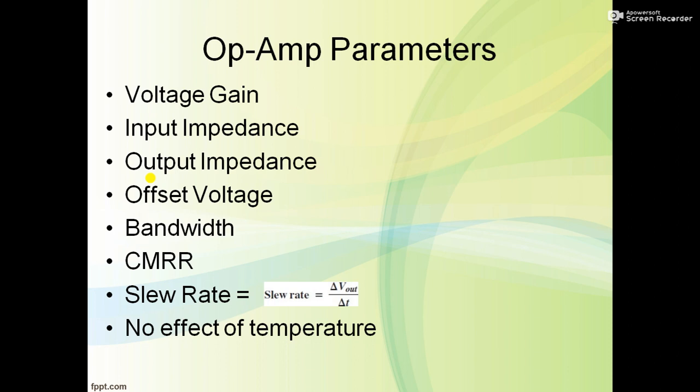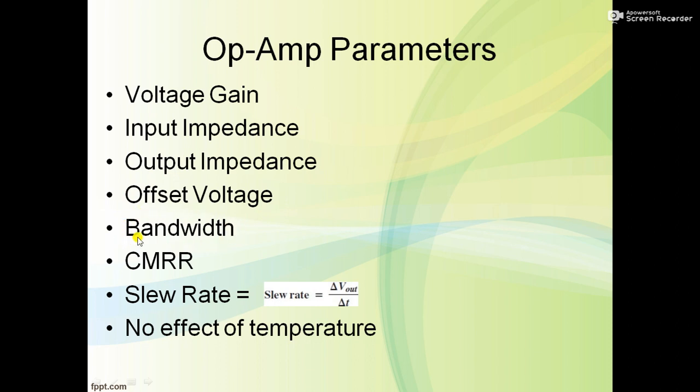But in the ideal op-amp characteristics, the offset voltage is equal to 0 volt. So we can consider it as an input offset voltage, if V1 is equal to V2 is equal to 0 volt.